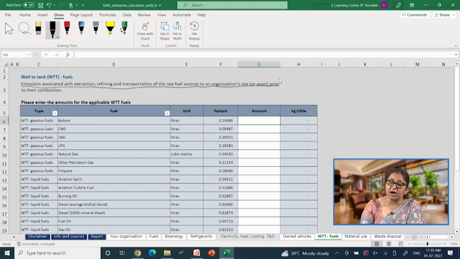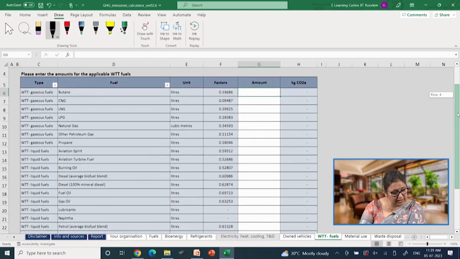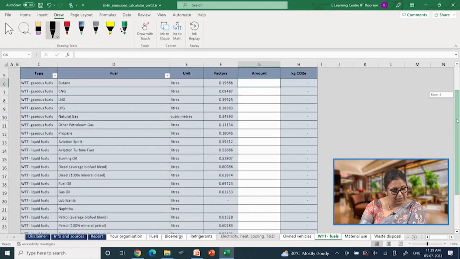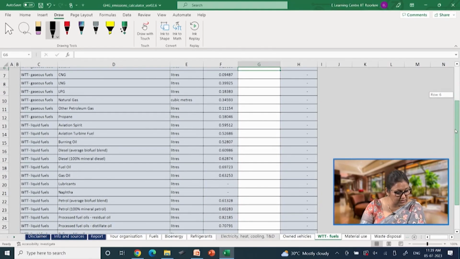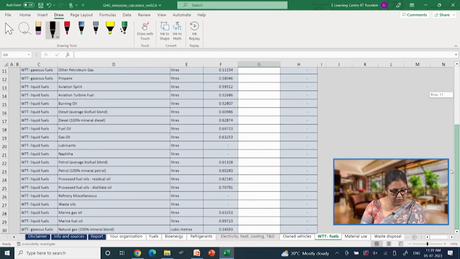This particular tab is relevant for the extraction companies, the petroleum extraction companies, the fuel extraction companies, and we would find a lot of different fuels here. We are talking about CNG, LNG, LPG, natural gas, diesel, fuel oil, gas oil, petrol, processed oils, waste oils.